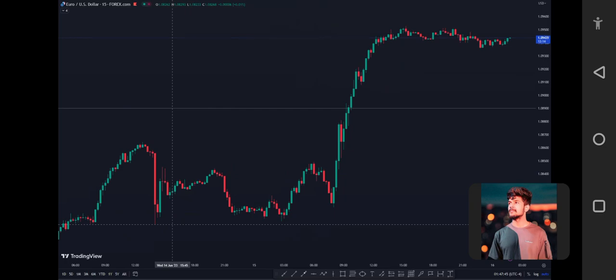What I can do next time is exit the trades when it's time for the news. If I'm confused about which side it's going to go, or even if I know the direction of the market, I should still exit at least 50% of the profit and let the rest run at break even.